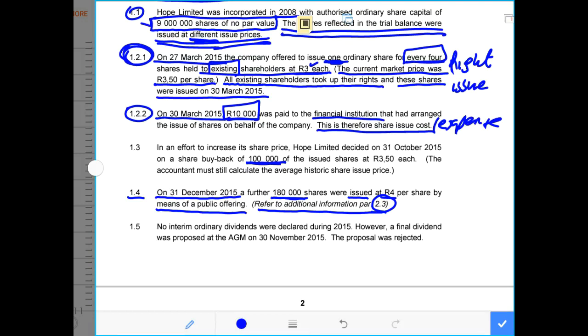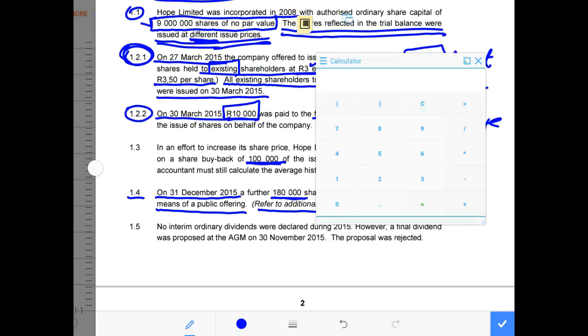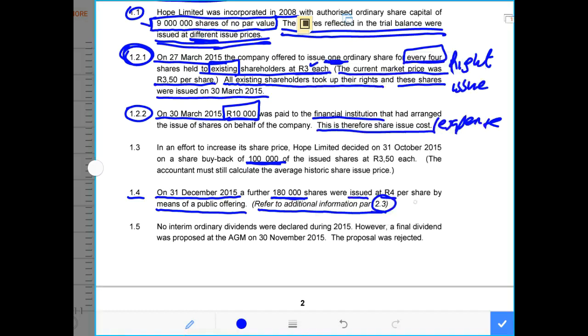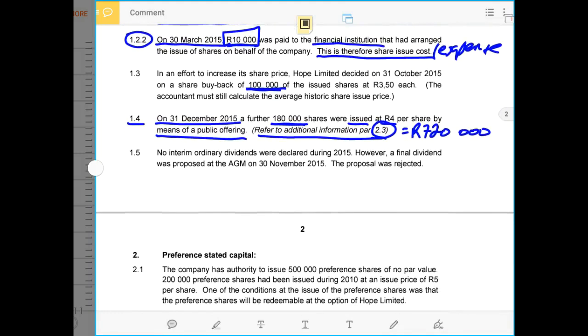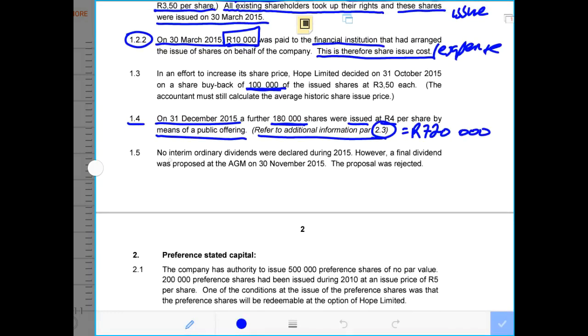So 180,000 shares times 4 gives us 720,000, the amount by which ordinary stated capital will be increased, received from this public offering. Then 1.5 says to us that no interim ordinary dividends were declared during the year 2015.